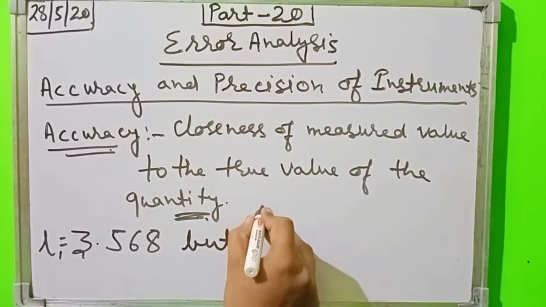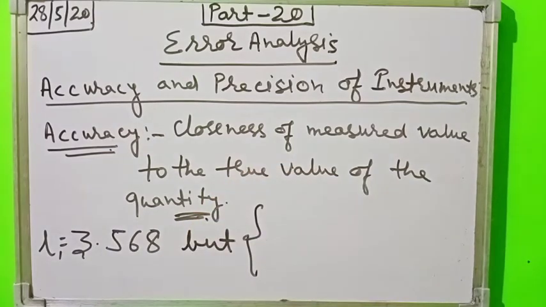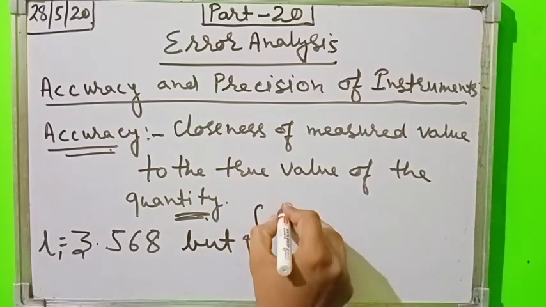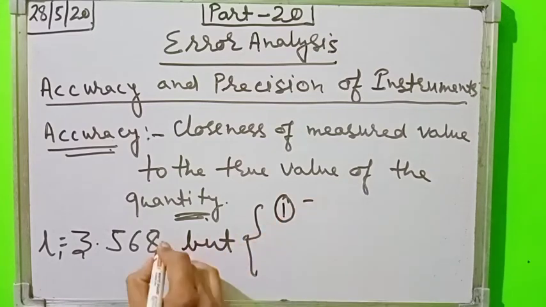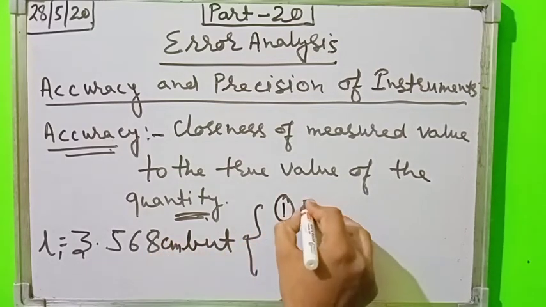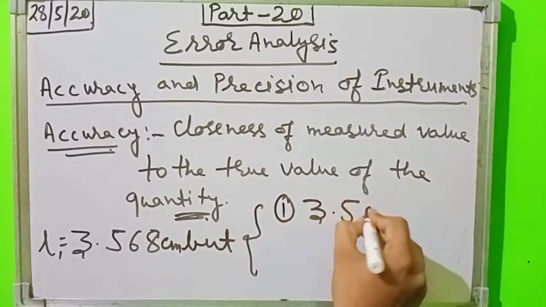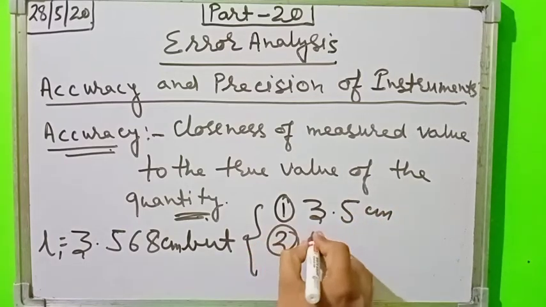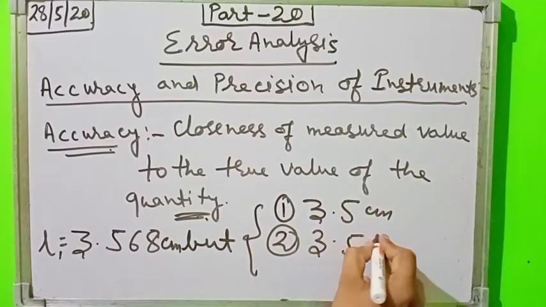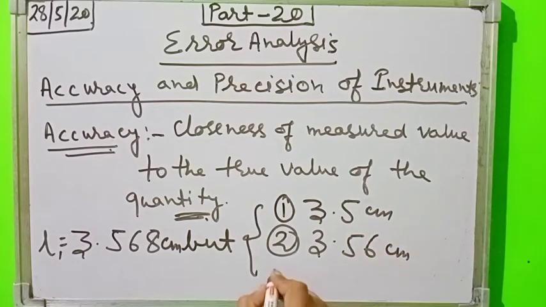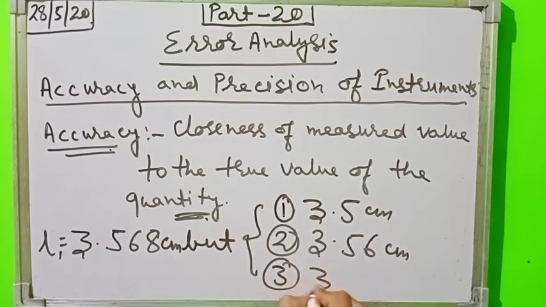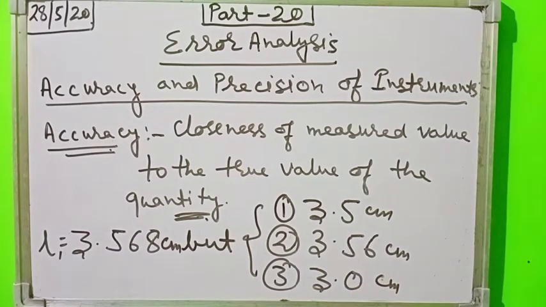you have been given three measured values. First measured value is 3.5 centimeter. Second value is 3.56 centimeter. And the third value is 3.0 centimeter. And then it is asked which value is much closer to the measured value.